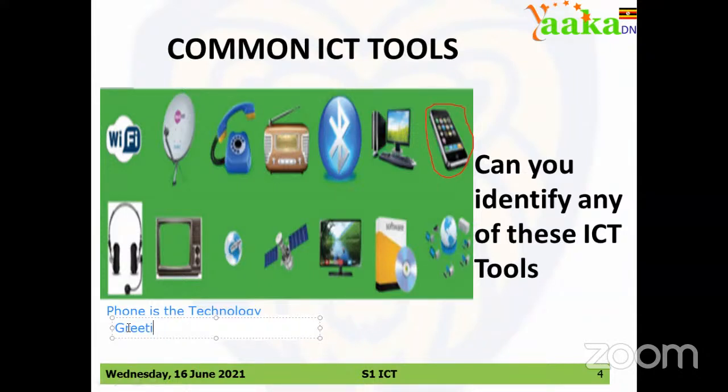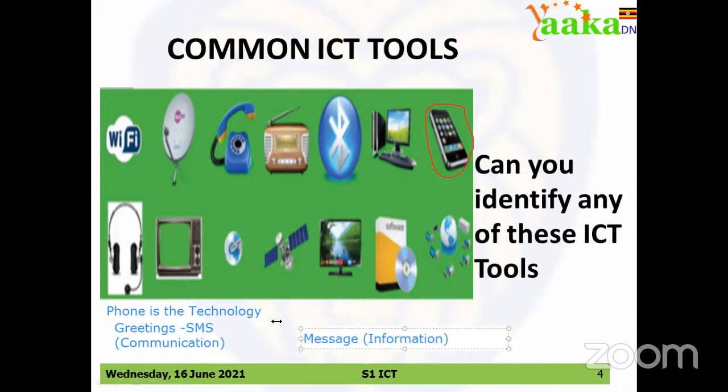If it is a greeting in form of SMS, we have the phone, which is the technology, and then the SMS in there is the communication. Then the message you send there is the information.